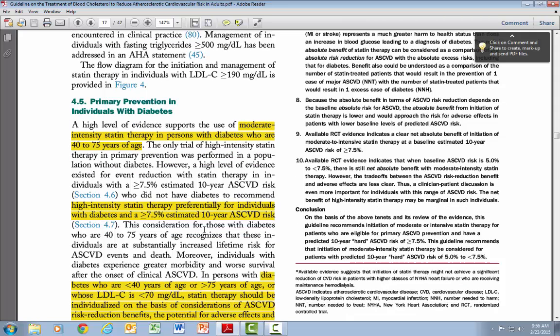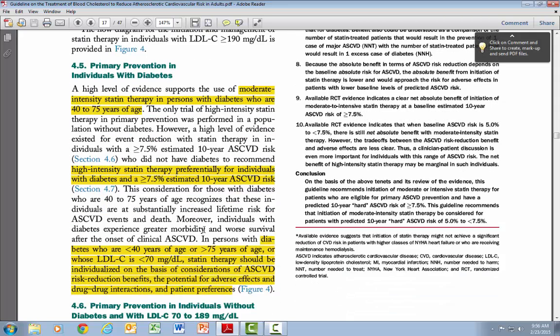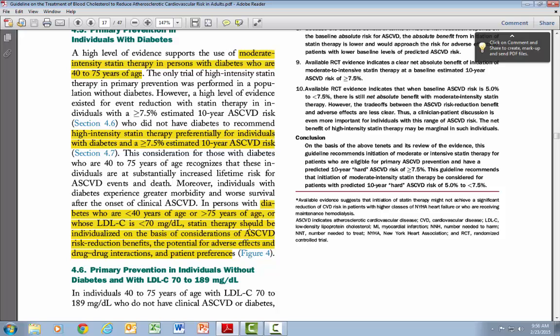Then in that case, you should start high intensity. Otherwise, for all the patients with diabetes, if they have less than 7.5 risk of mortality, you should start moderate intensity. Okay? Always look at risk reduction benefit, drug and drug interactions. Don't forget that.